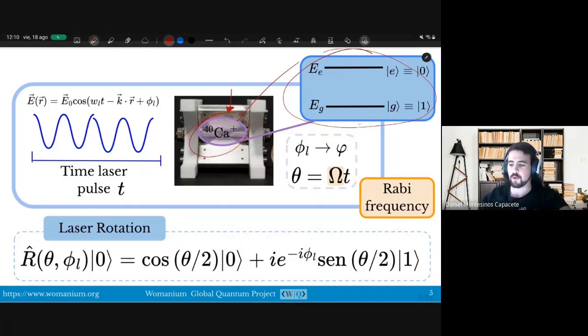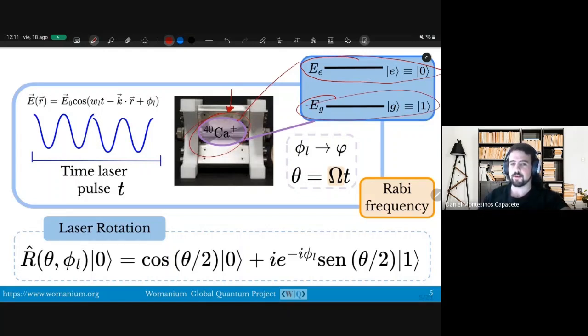We are going to have a lot of different energy levels, but we are going to choose two of them, and we are going to discuss this in more detail later. We are going to call one of the energy levels state 0, and the other one state 1.